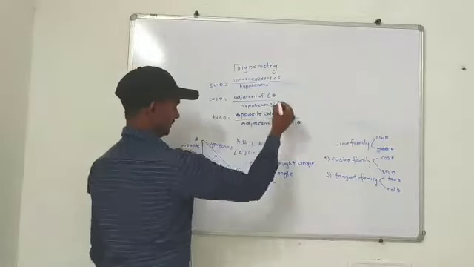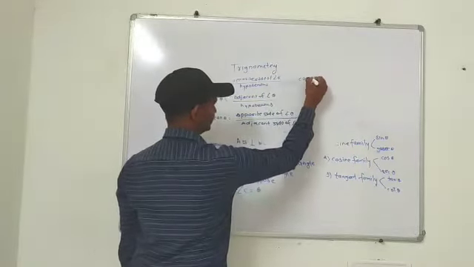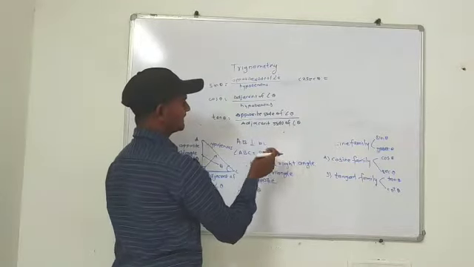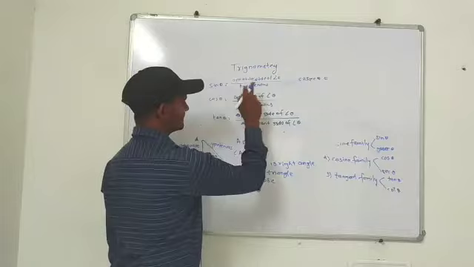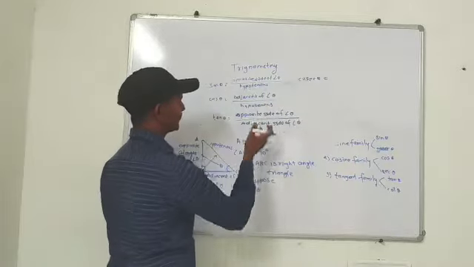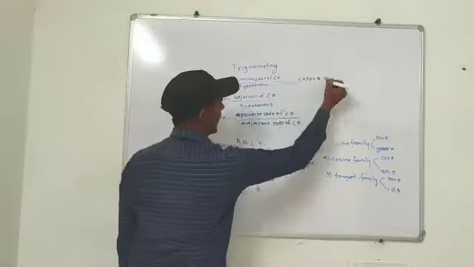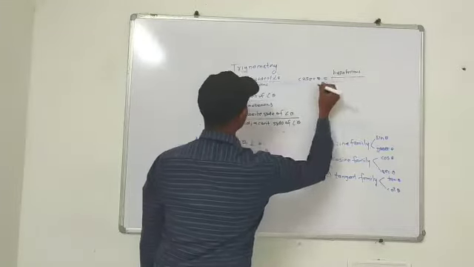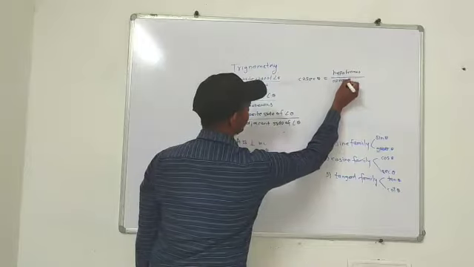Okay, the remaining ratios, that is, cosec theta. When we see topic number 2, the reciprocal identities, we know that sin theta is the reciprocal of cosec theta and cosec theta is the reciprocal of sin theta. Therefore the formula becomes hypotenuse upon the opposite side of angle theta.